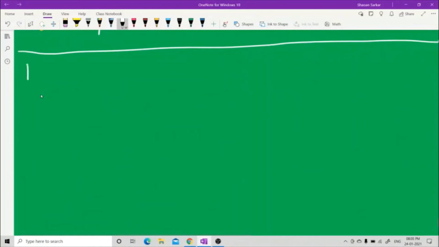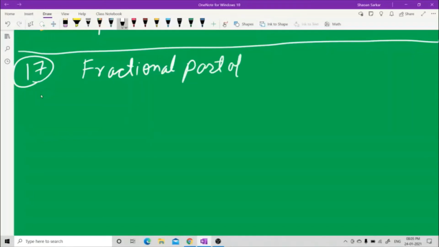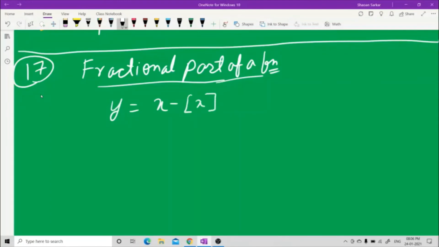This is the 17th function, and this is known as the fractional part of a function. It is denoted like this: y equal to x minus greatest integer function x.